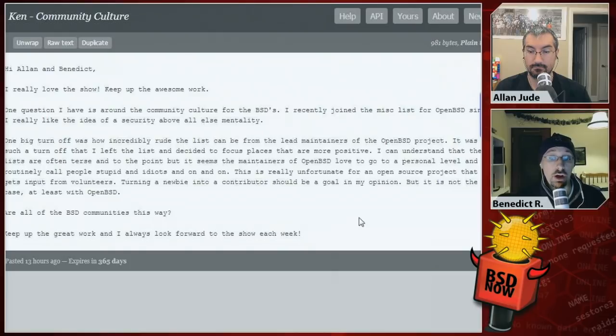It was such a turnoff, he writes, that I left the list and decided to focus on places that are more positive. He can understand that the lists are often terse and to the point, but it seems the maintainers of OpenBSD love to go to a personal level and routinely call people stupid and idiots and on and on. This is really unfortunate for an open source project that gets input from volunteers. Turning a newbie into a contributor should be a goal in his opinion, but it is not the case, at least with OpenBSD. Are all the BSD communities this way?